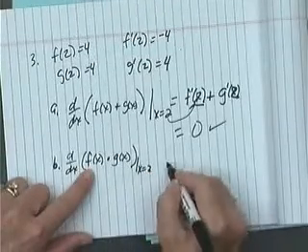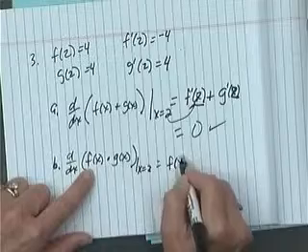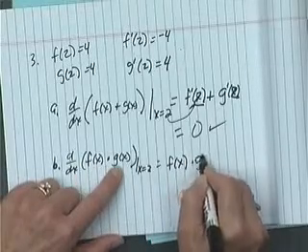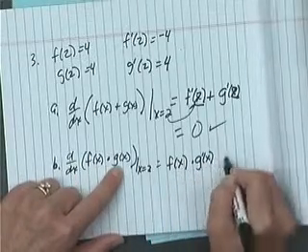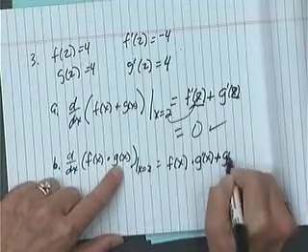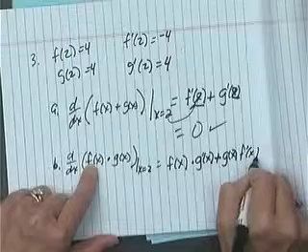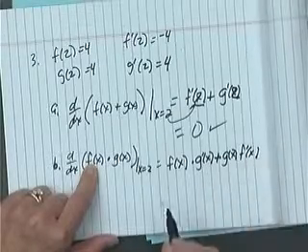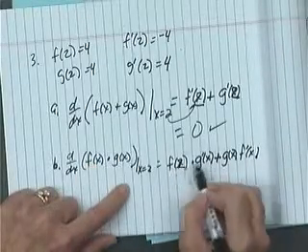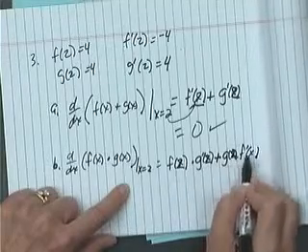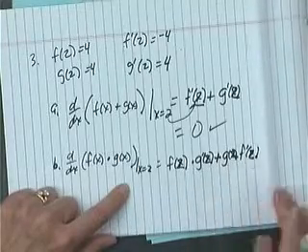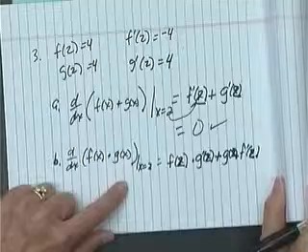So the product rule is the first function times the derivative of the second function, plus the second function times the derivative of the first function. And of course we're going to evaluate all these at 2. Isn't it easy when we do it together?